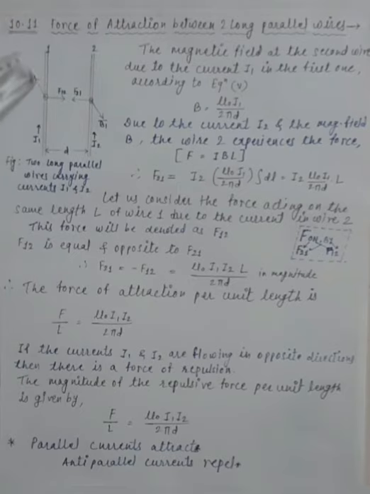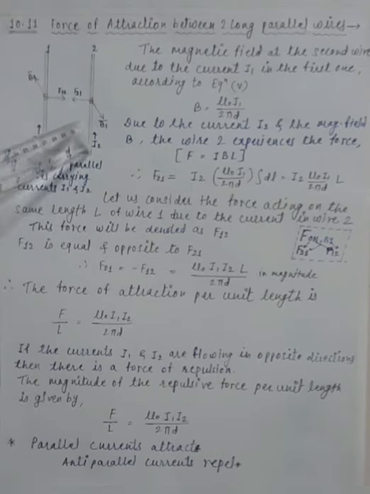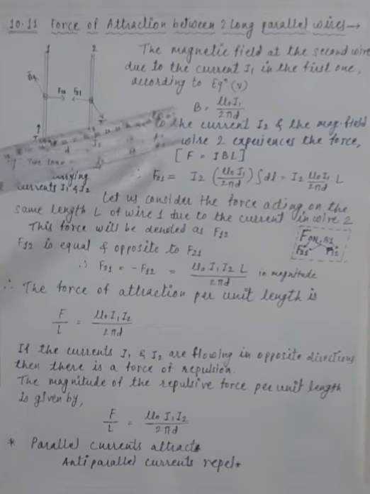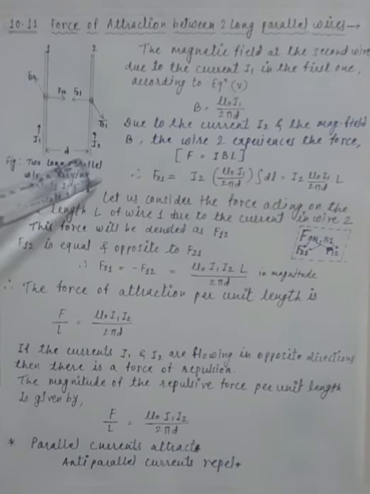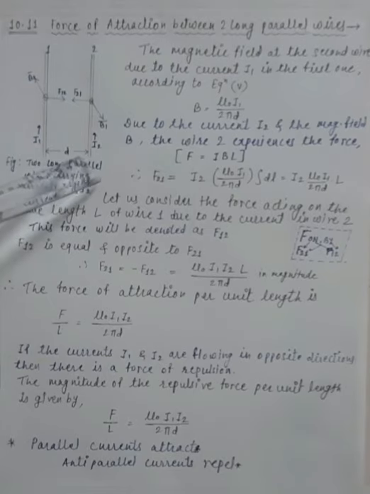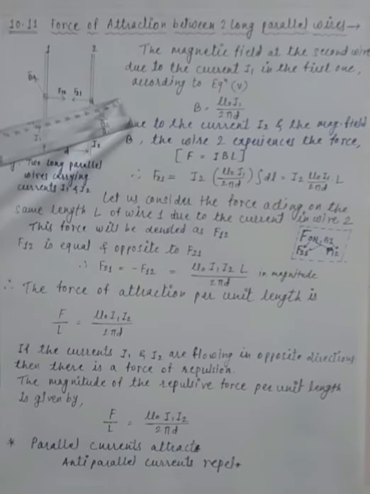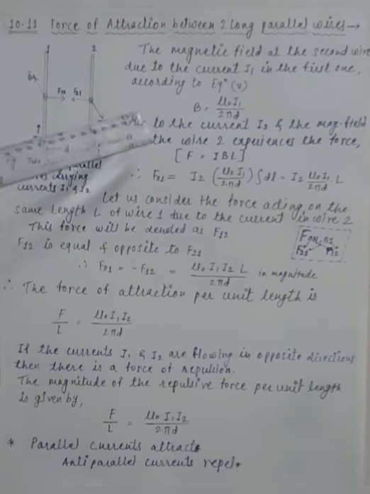The current flowing through the first wire creates magnetic field at every point of wire 2. This field is given by mu 0 I upon 2 pi R. Here D is the distance between the two parallel conductors. Hence the equation is B equal to mu 0 I1 upon 2 pi D.